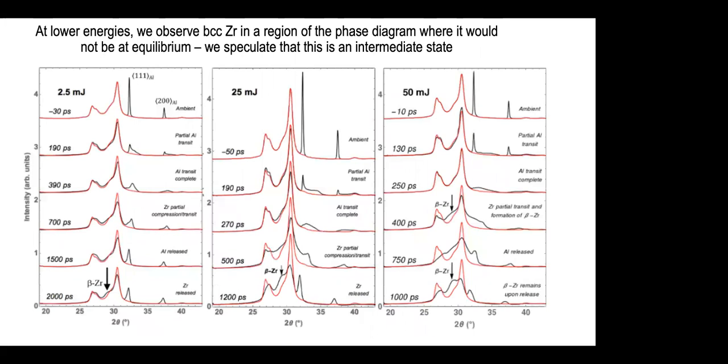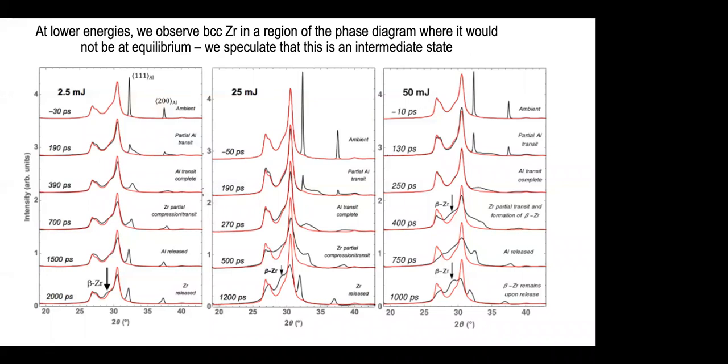At lower pressures, we certainly did see equilibrium beta zirconium showing up if we were at pressures in that part of the phase diagram. But then there was also a part of the phase diagram at lower pressure, around 13 GPa along the Hugoniot, where we are in the omega part of the phase diagram. And we believe in that part of the phase diagram, we saw BCC. The reason that's important is BCC is not the equilibrium phase.